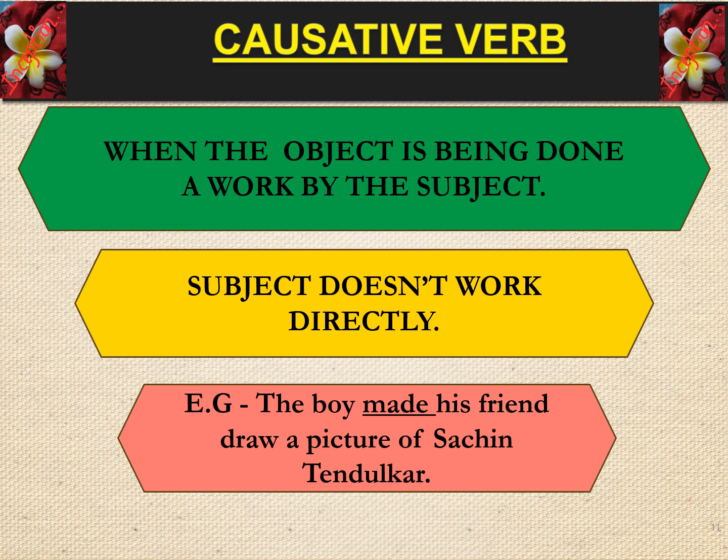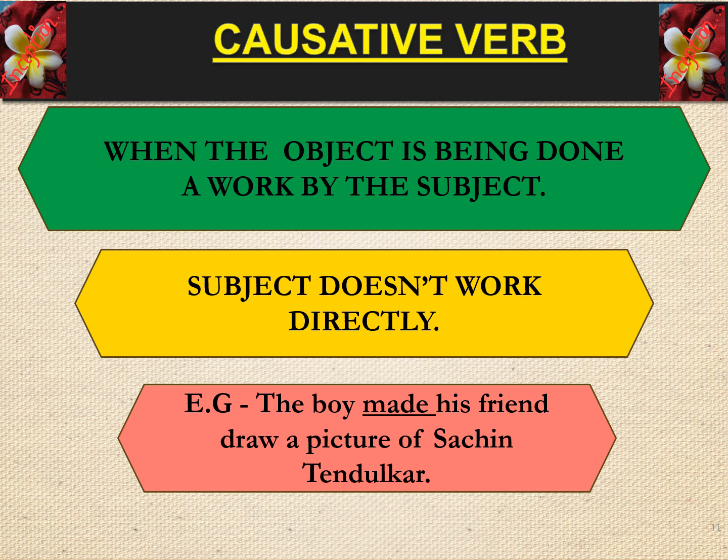Here we can see that subject is not doing anything, but subject is making the object do something. Object is doing everything, but subject is making the object do something. Subject doesn't work directly. We will see some examples.